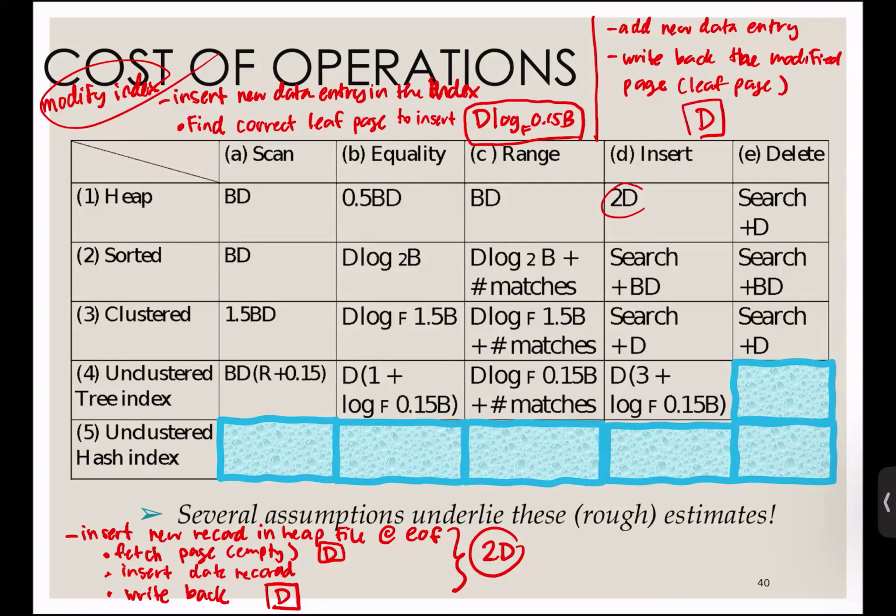So if you count total, we have 2D plus 1D, that's 3D already, plus D times log 0.15 B base F. So that's what we have right there. Okay. So just know that the 3D doesn't come from the same part. The first 2D comes from insertion in the heap file, and the other D comes from the write back part of the index structure.